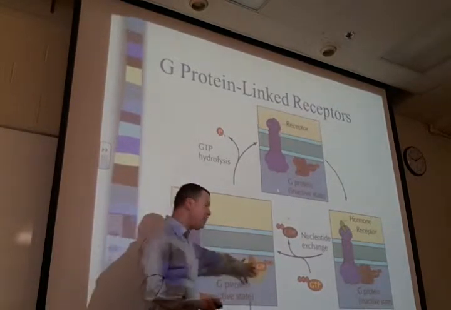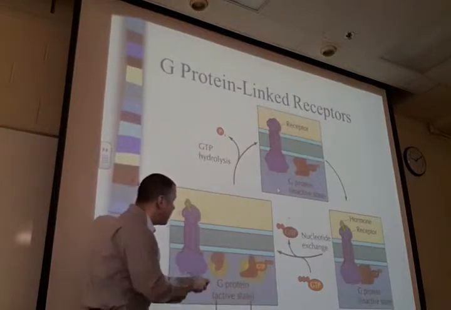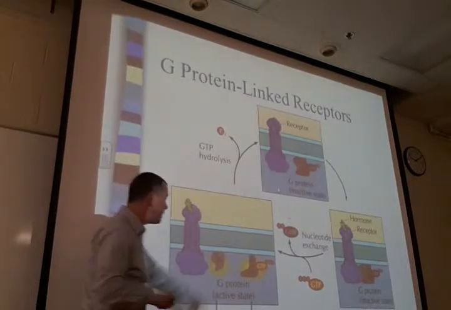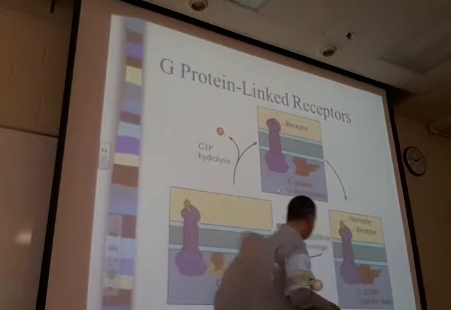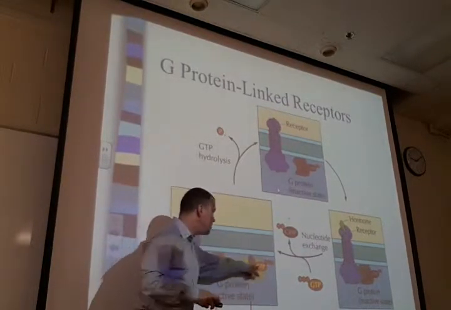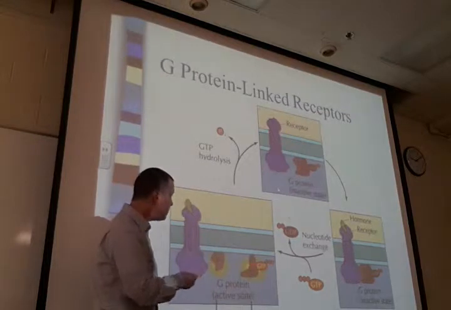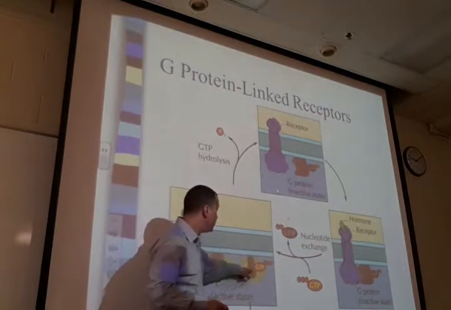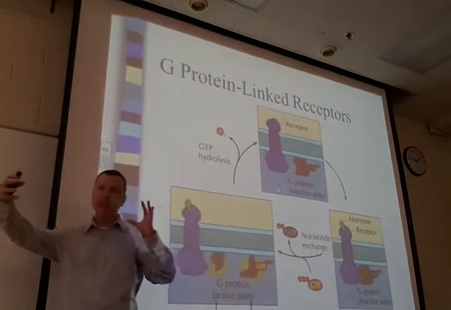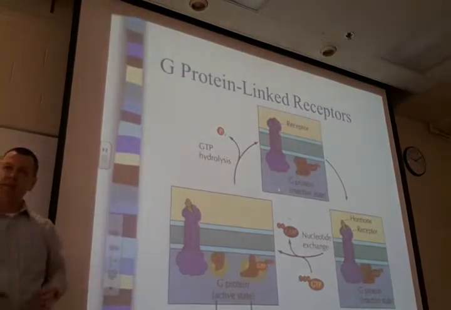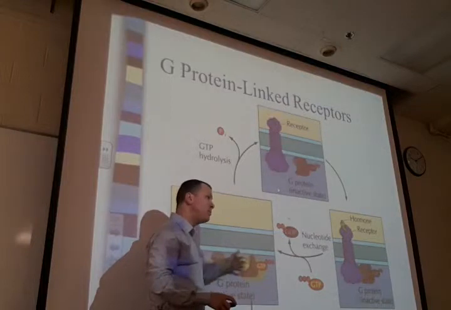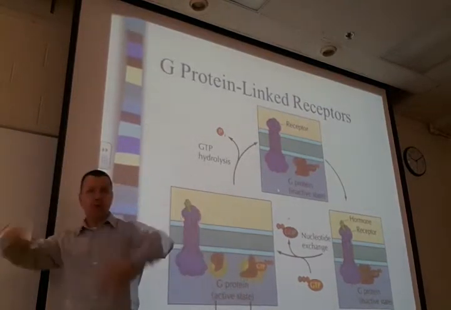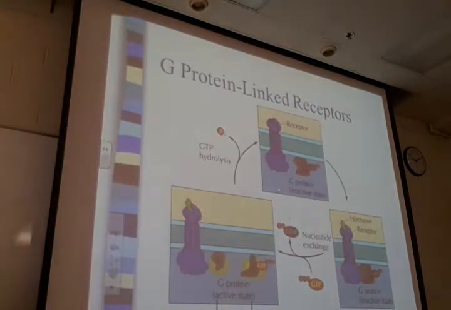And what often happens is what they're showing us here in the third part, and notice that it's the alpha subunit that has the nucleotide attached. So when GTP is attached to the alpha subunit, what often happens is that the alpha part detaches from the rest of it, from the beta gamma part, and one or sometimes both of those pieces trigger next steps.